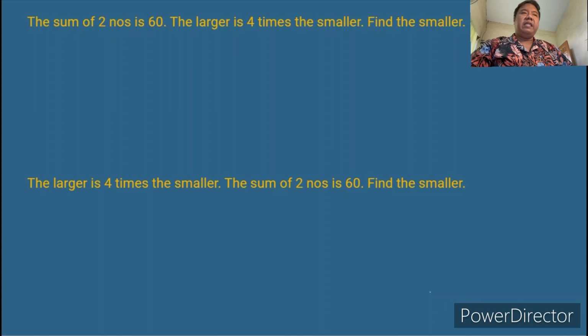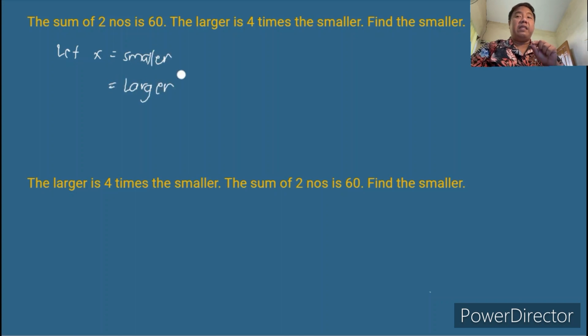So, if the first sentence tells us that the sum of two numbers is 60, then if we are going to represent this, we're going to have let x be the smaller, and then what will be your representation for the larger?